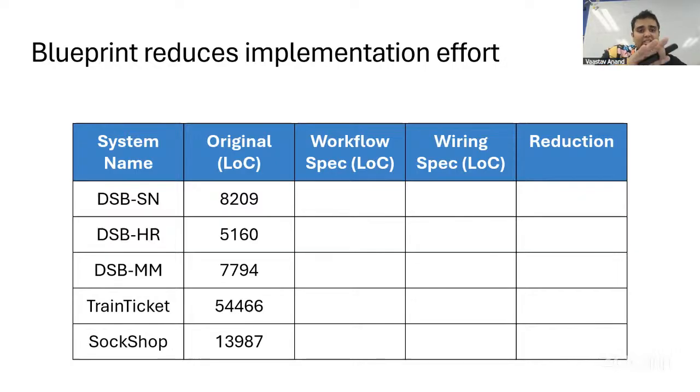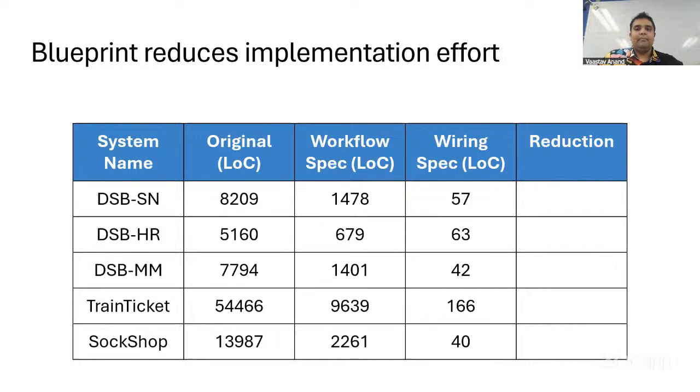Here, the first column with the numbers shows the number of lines of code a user manually had to write to implement the original system, and these are the lines of code a user had to write to implement the Blueprint version of the same application with the same configuration. Blueprint applications require significantly less manual code to implement a system, offering a 5 to 7x reduction.